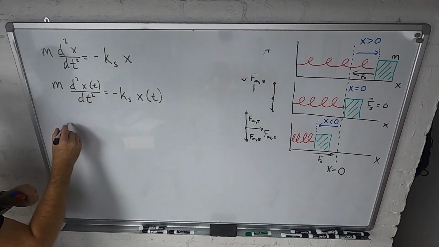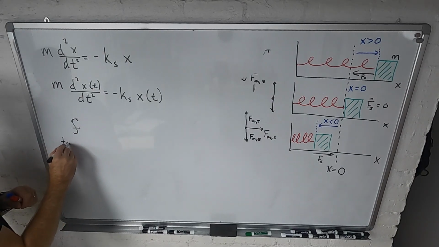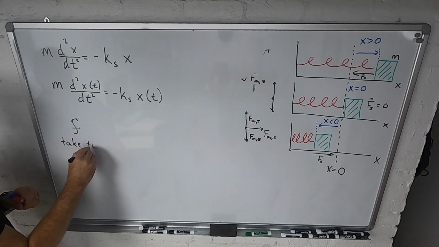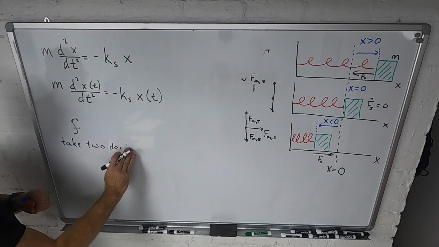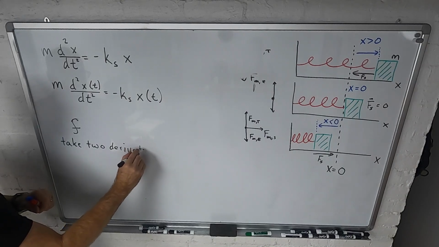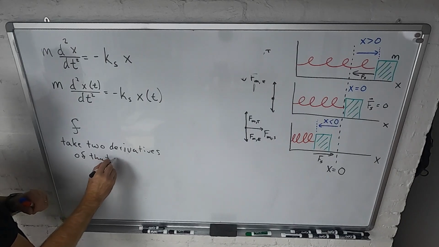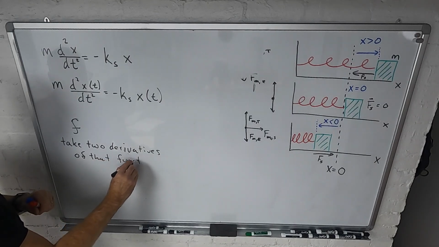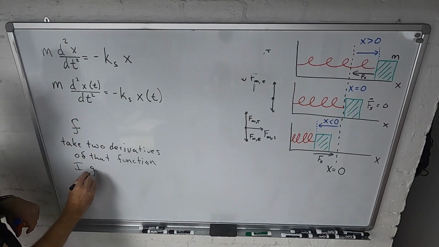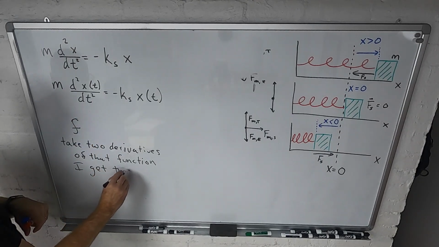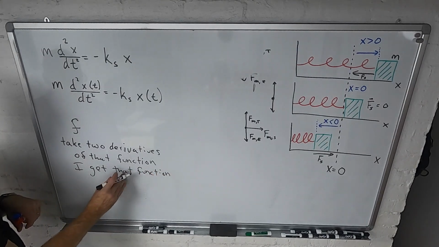So I need some function where, if I take two derivatives of that function, I get the function back. I get the function I started with.